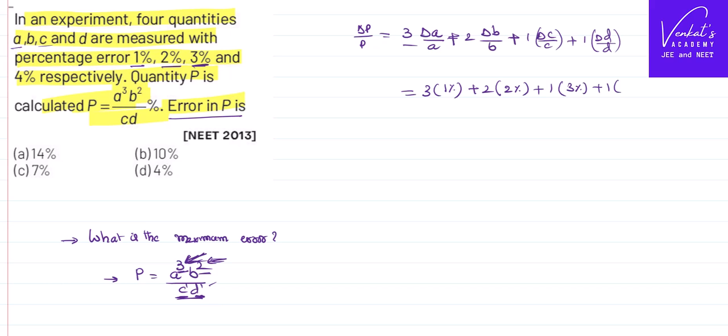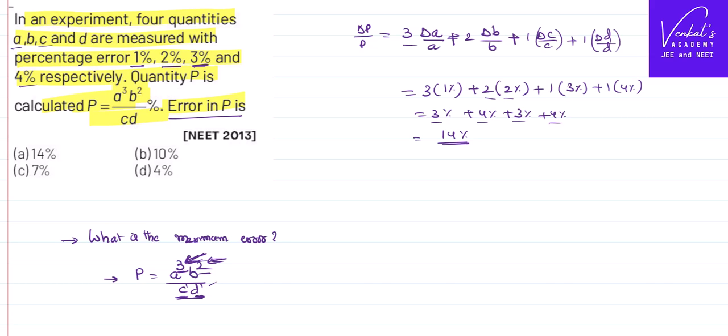Similarly, error in D is given as 4%. So, when you add all of them, 3% plus 4%, 3%, 4%. So, that is 3 and 4, 7, 7 and 3, 10, 10 and 4, 14%, right?